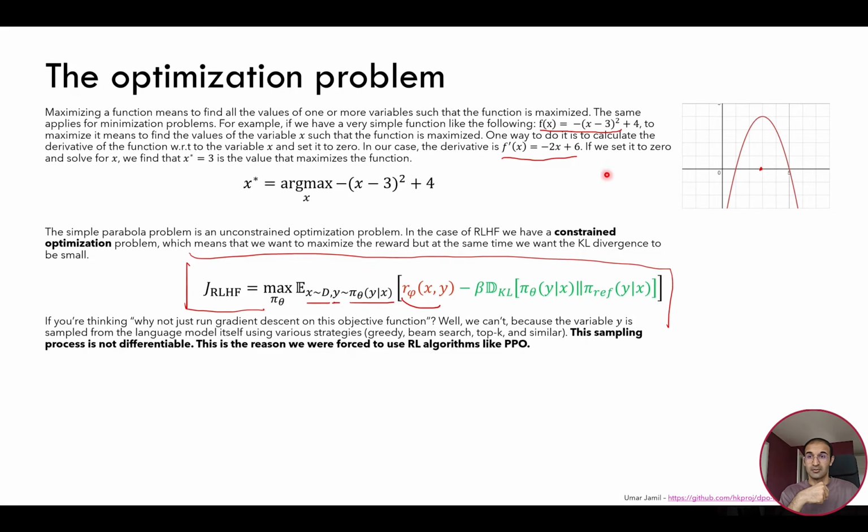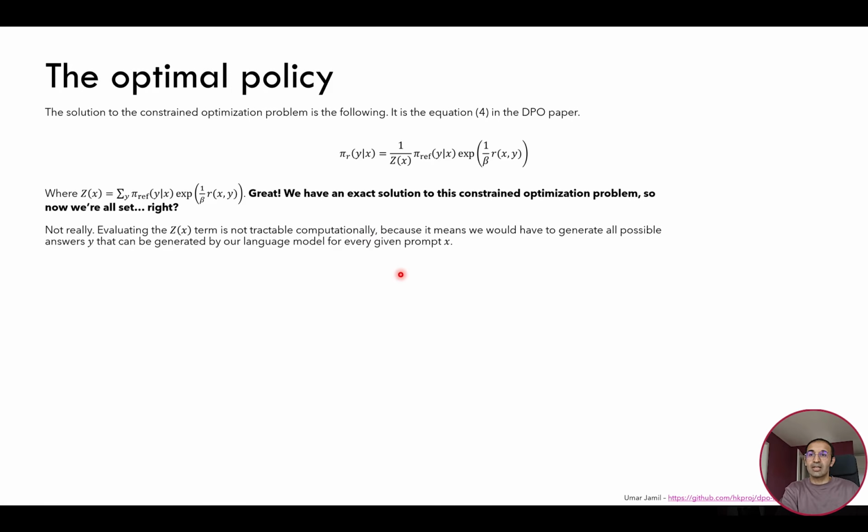We could find, through the derivative and setting the derivative equal to 0, the value of x such that this function is maximized. Using the same reasoning but different techniques, we also have an analytical solution for the constrained optimization problem that we saw before, and this is the solution.